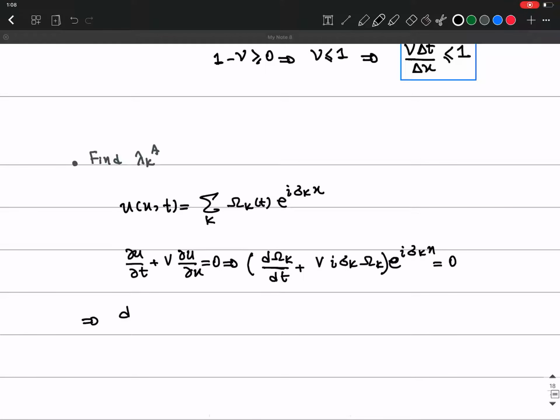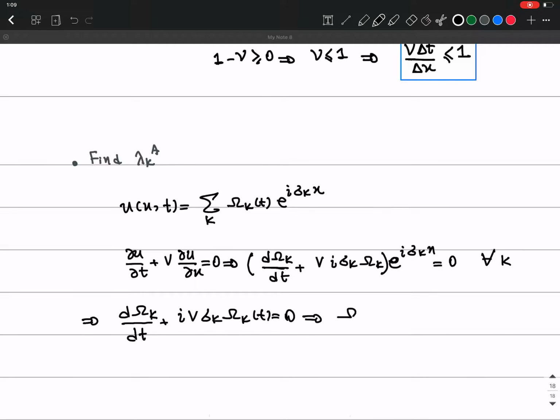So this is the first derivative of that, and this is the derivative with respect to x, right? So for all k this should be true. So d omega k over dt plus i v sigma k omega k(t) should be 0.